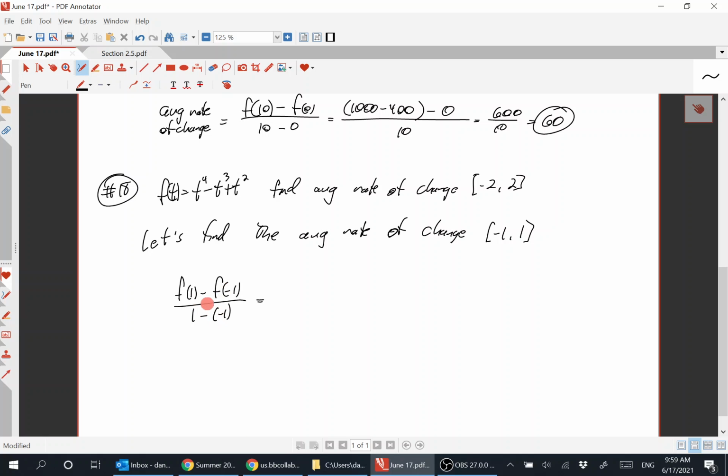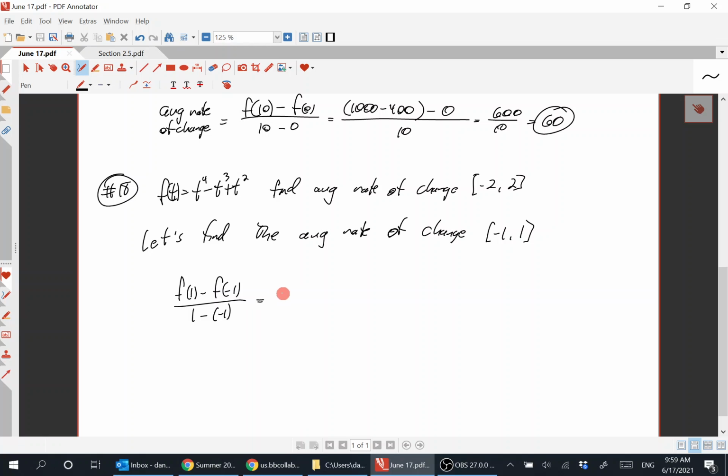Right, so be careful of the sign errors here because you're combining a lot of negatives together. So a negative times a negative is positive, and a negative times a negative is negative again. So be careful for that.